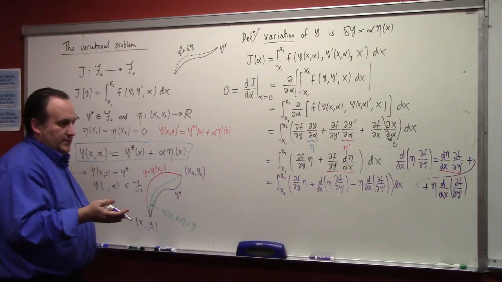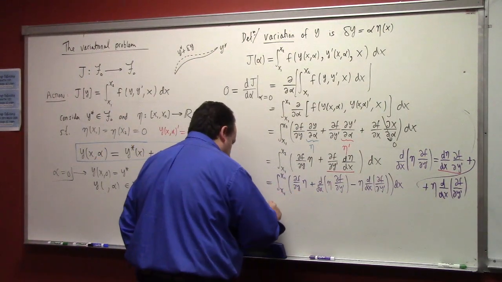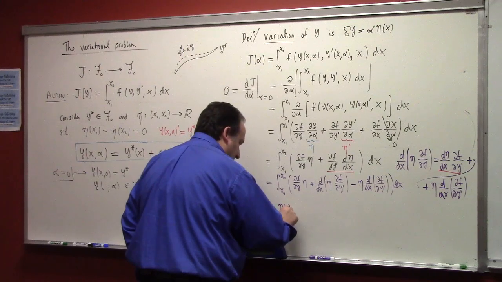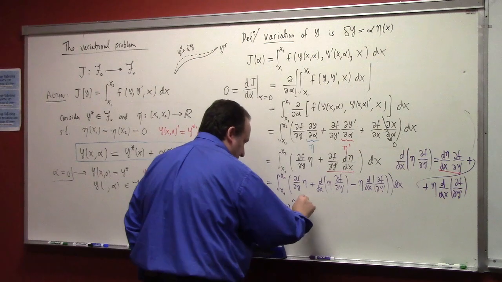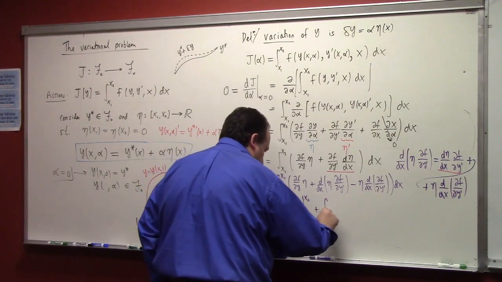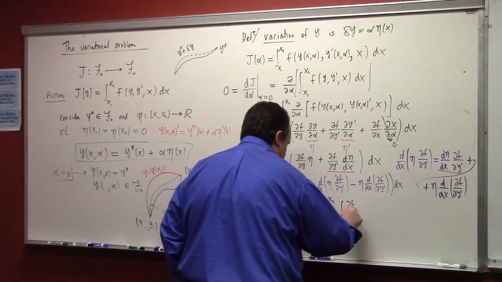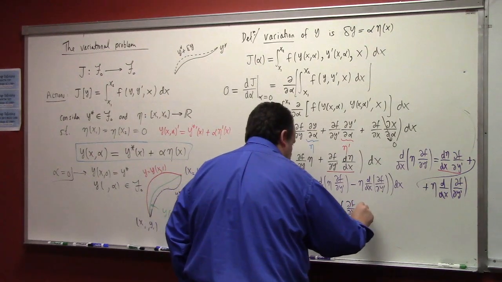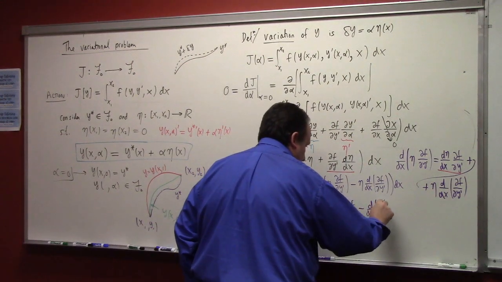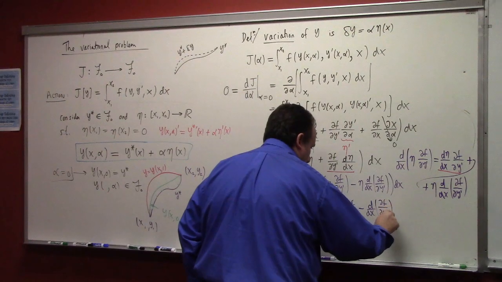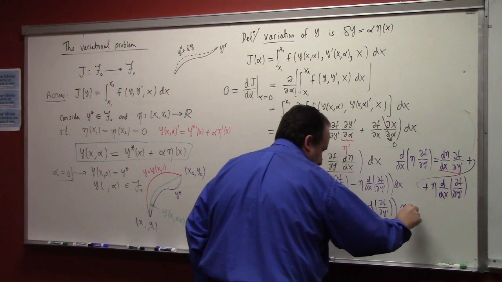Oh hey, look, integral of a total derivative, so what's that? Well, that's eta of x times partial f partial y prime evaluated at x1 and x2, plus the integral from x1 to x2 of partial f partial y minus d dx of partial f partial y prime, all times eta of x dx.